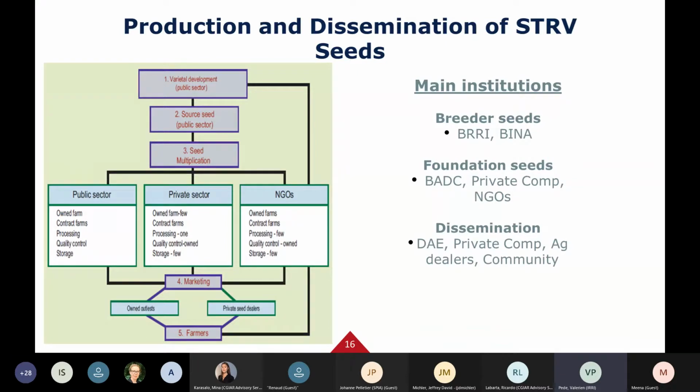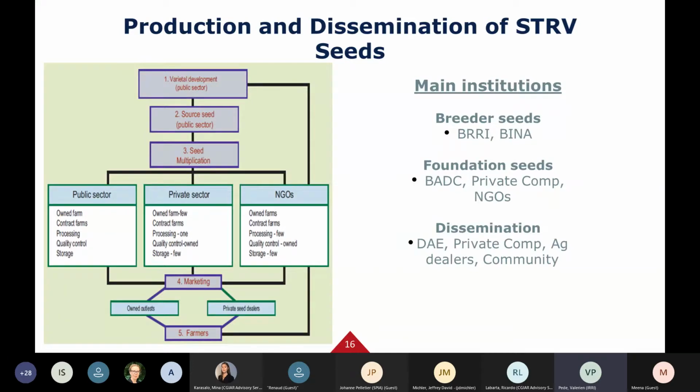There are 2 main institutions involved in the release of new stress-tolerant varieties, and mainly breeder seeds are released by the Bangladesh Rice Research Institute and also by BINA, which is the Bangladesh Institute of Nuclear Agriculture. So these are releasing the new stress-tolerant varieties and then releasing the breeder seed.